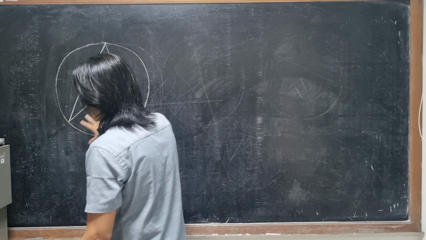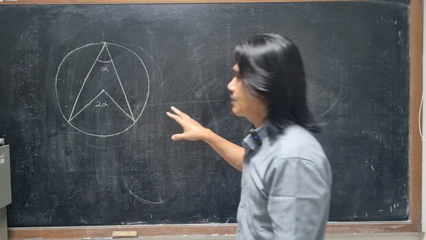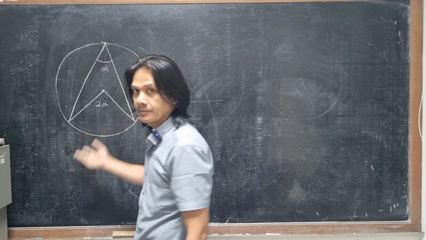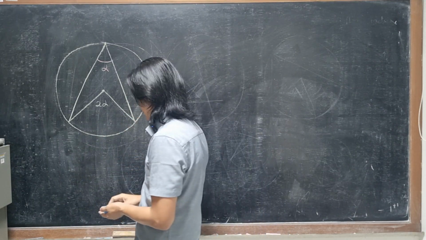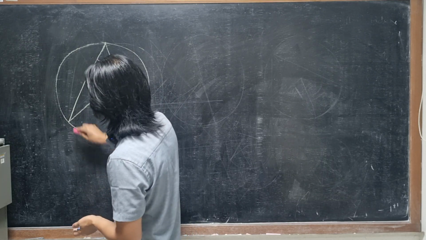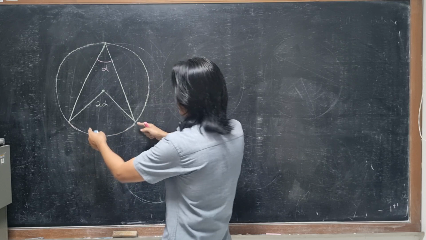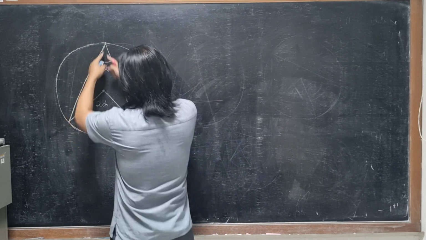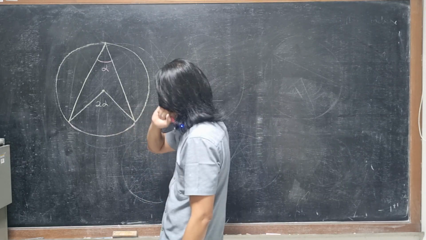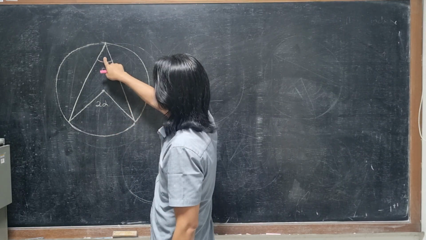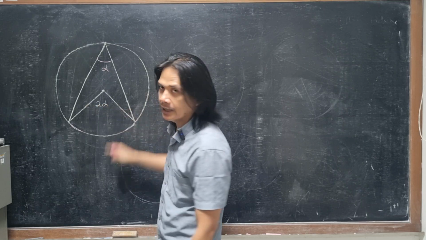So 1.4 is exactly what we usually call the inscribed angle theorem, right? It says that if we have an arc, let's say here, and then we have an angle facing that arc, then the measure of that angle is half of the central angle.